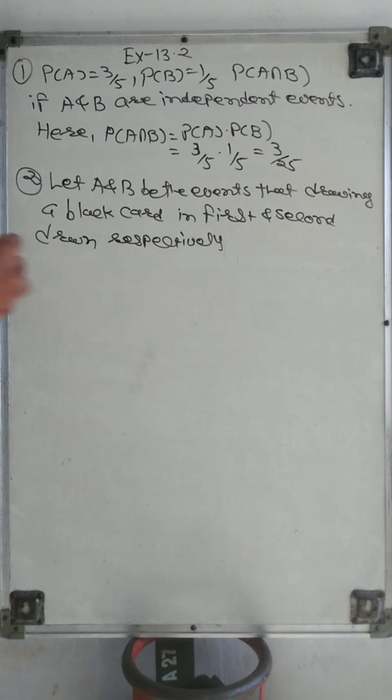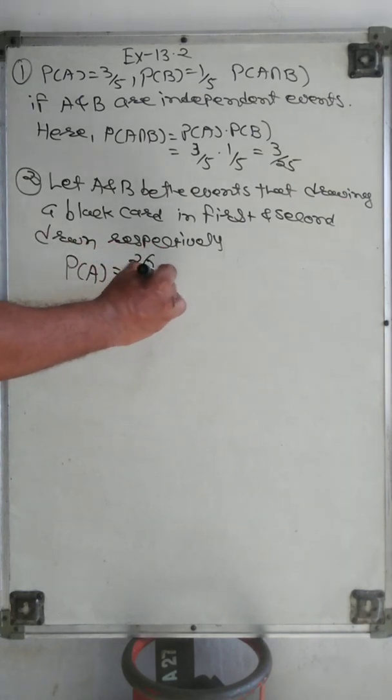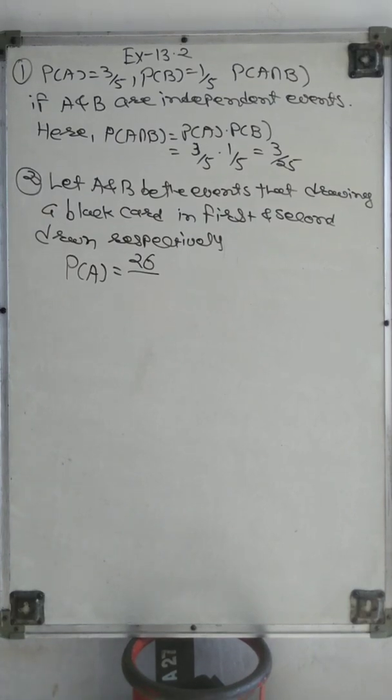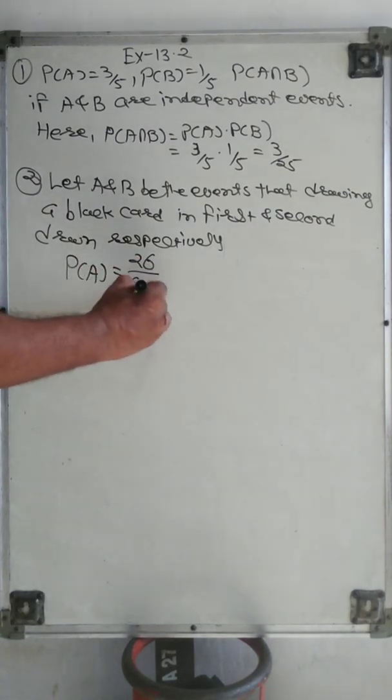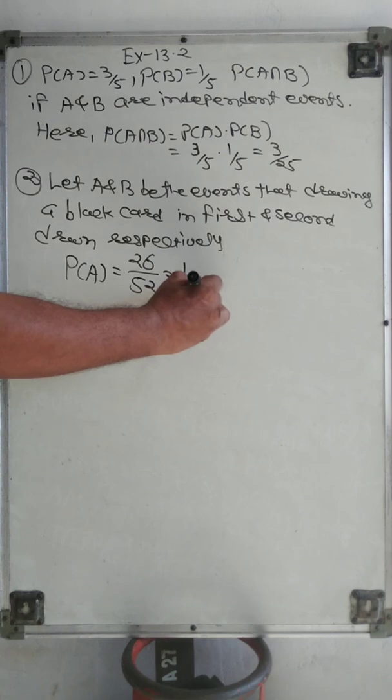Okay, so P(A) is the first draw, and out of 26 black cards, you remember there are only two colors in cards, red and black. So we draw one card out of 26, and out of 52 we get 1 by 2.